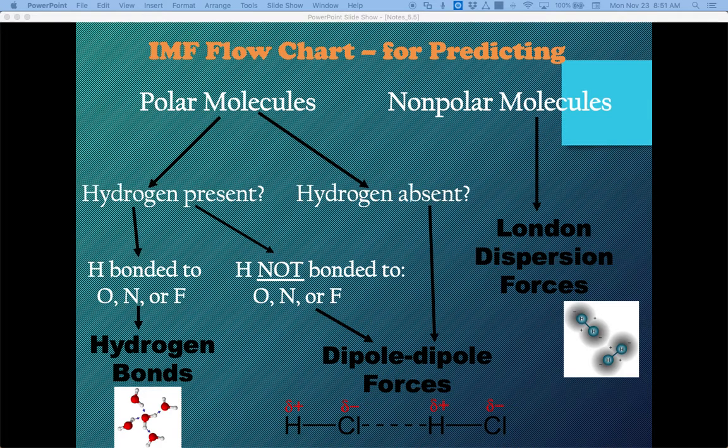And so here's this little flow chart that you can use for predicting. If the molecule is nonpolar, your only option is London dispersion forces. If the molecule is polar, basically what you're looking for is a hydrogen bonded to oxygen, nitrogen, or fluorine. If the answer is yes, then it's hydrogen bonding. If the answer is no, then it's dipole forces. So it's a pretty straightforward little chart for predicting which intermolecular force you have.